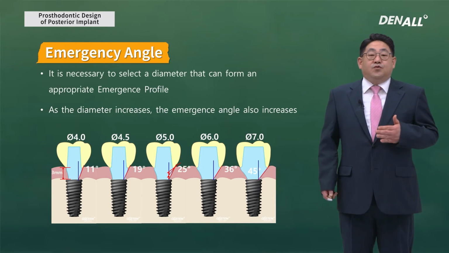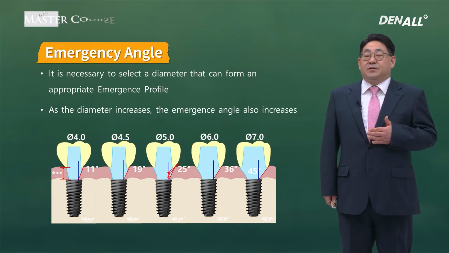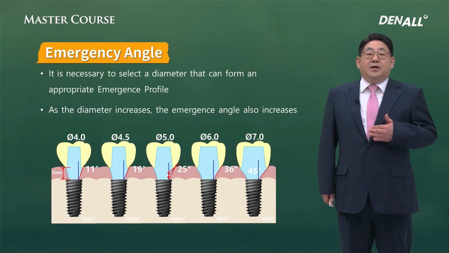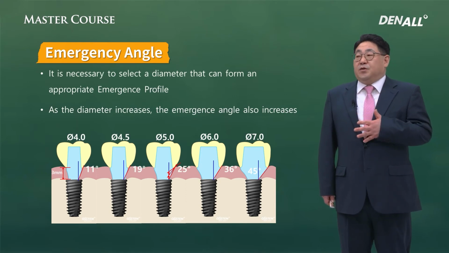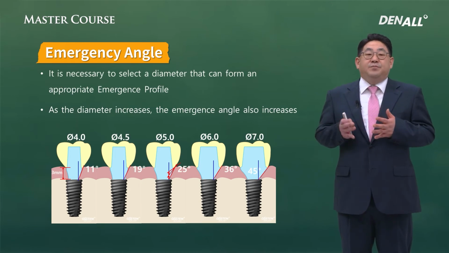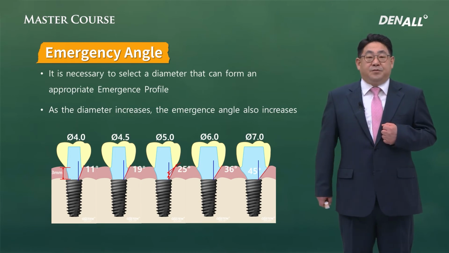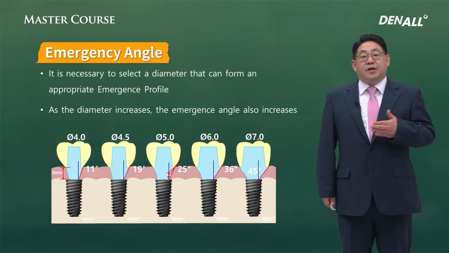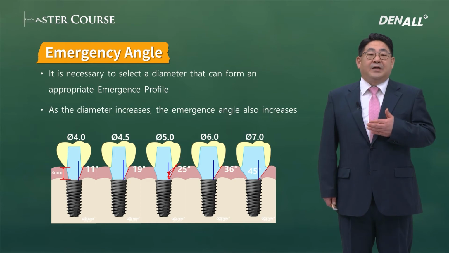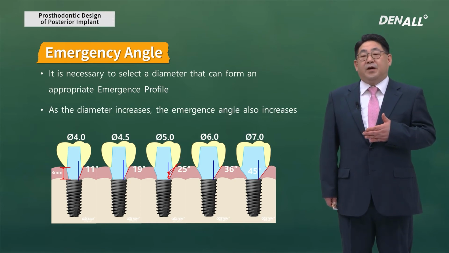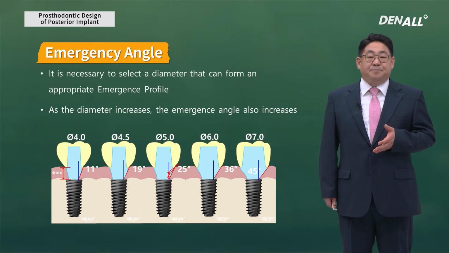The most frequently used implant is TS-type conical seal type. In the past, emergence angle was mentioned in terms of anterior aesthetics. However, these days, emergence angle in the posterior area are emphasized as well. This is because of the characteristic of TS-type implant.